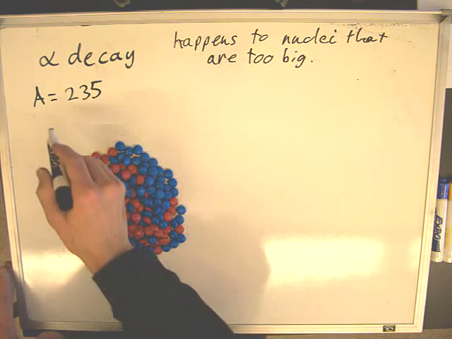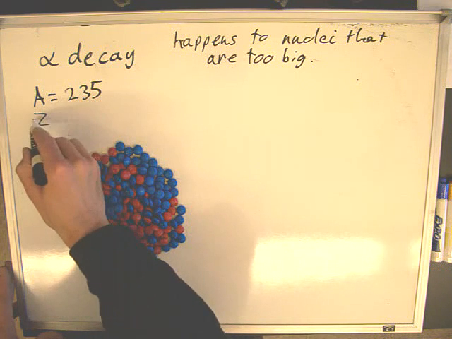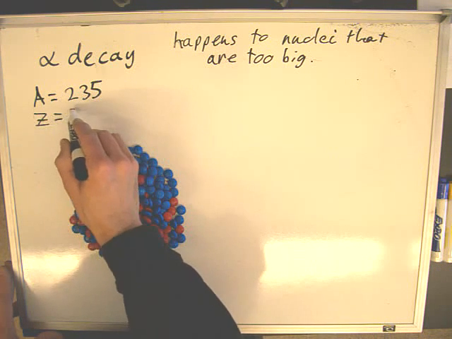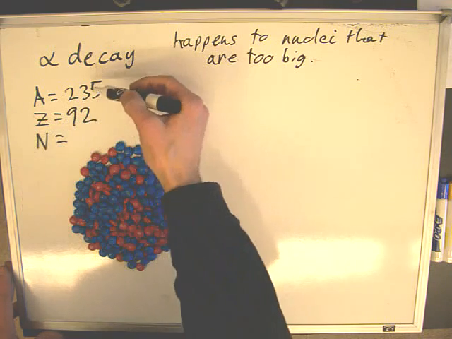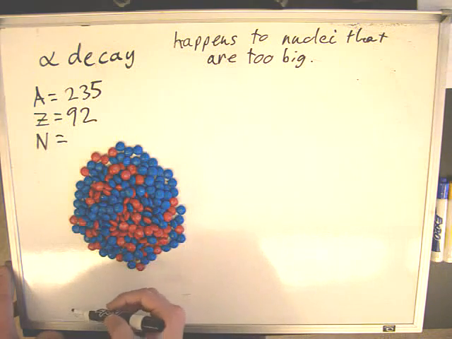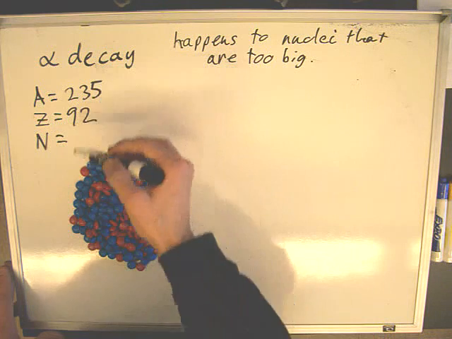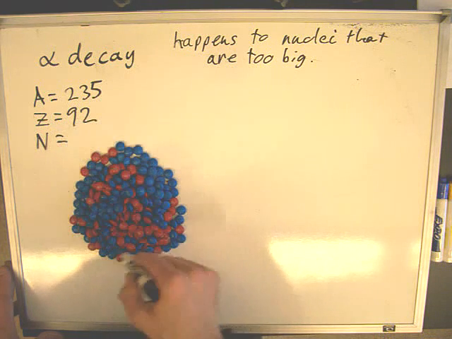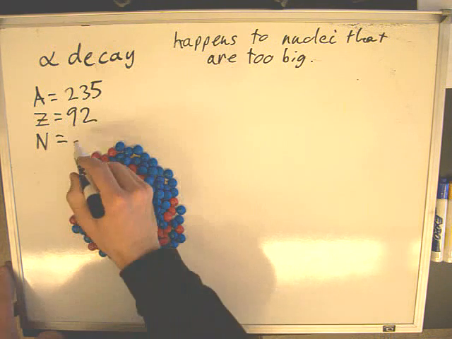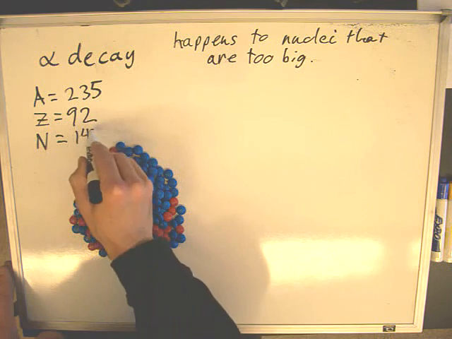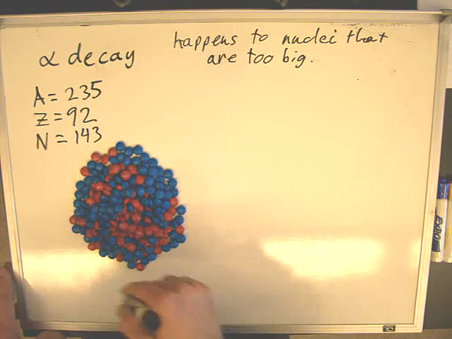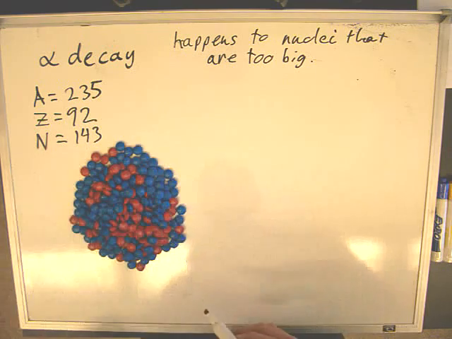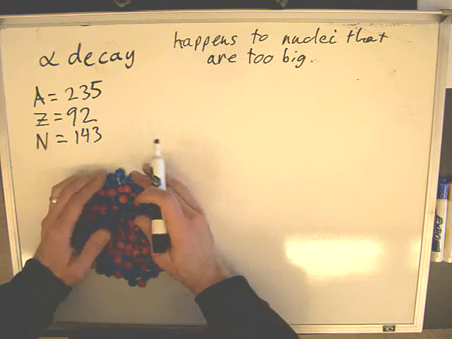When I put this together, I counted out 92 protons, so I call Z 92, and N must be A minus Z, because Z plus N is A. So what is left over must be 143 neutrons. Okay, so I counted them all out, I put them together, and here's my model of this nucleus.